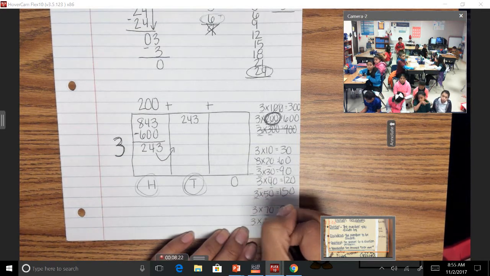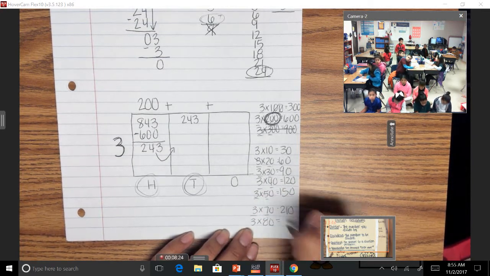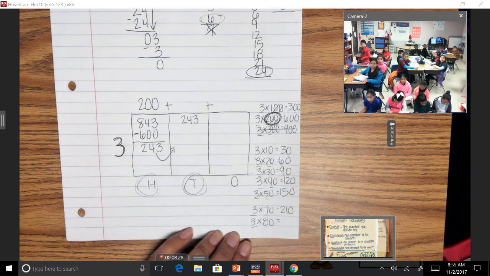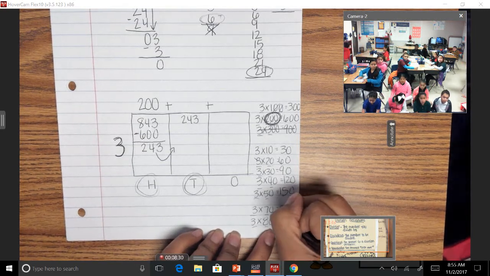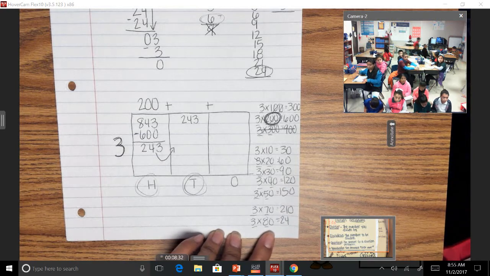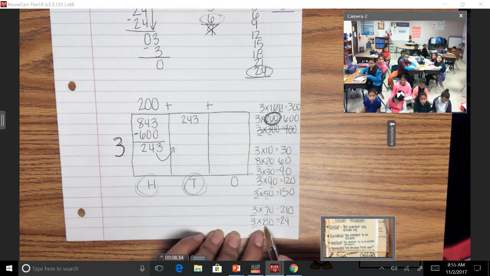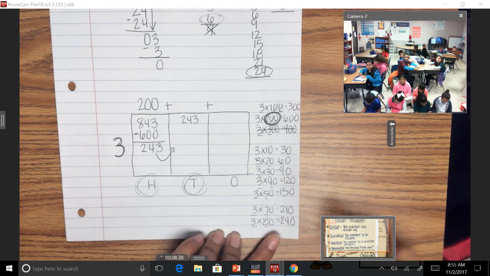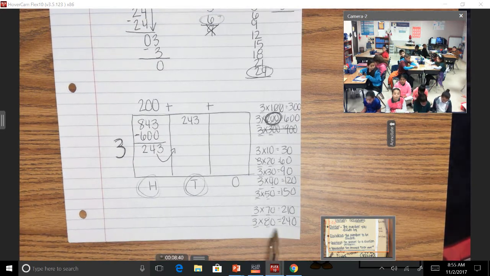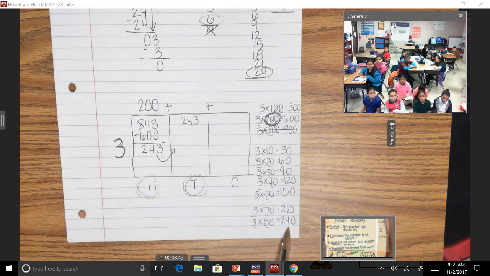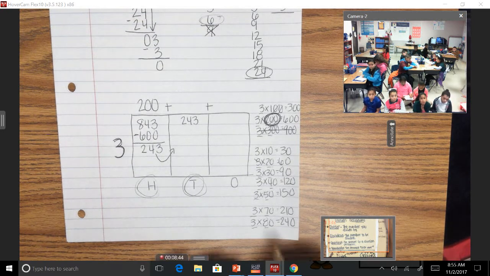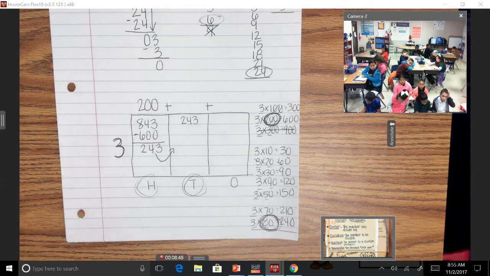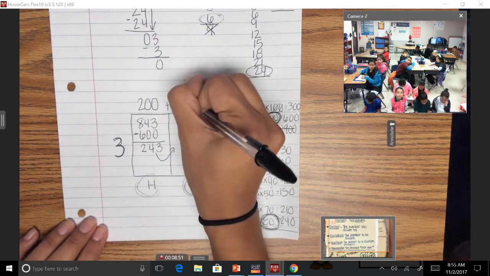Let's do 3 times 80. 3 times 8 is 24, 1 extra zero. Do you think if we go over to 3 times 90, it's going to pass that? Yes, of course it is. So we stop here. What was our number? 80. We write 80 up here.